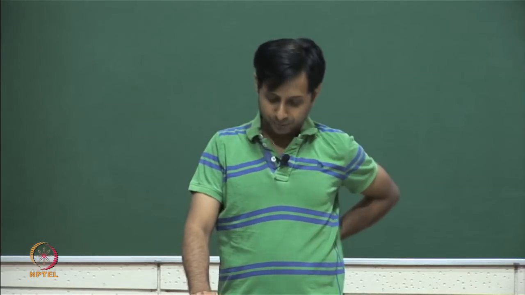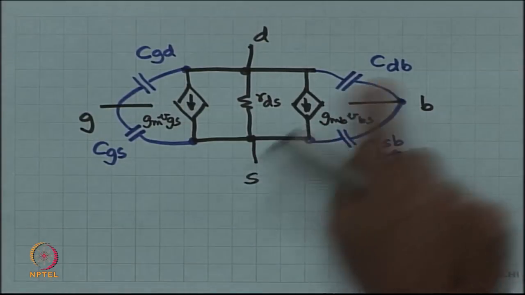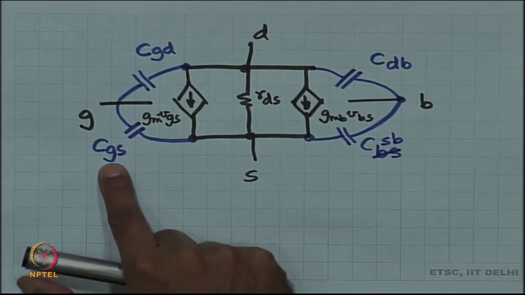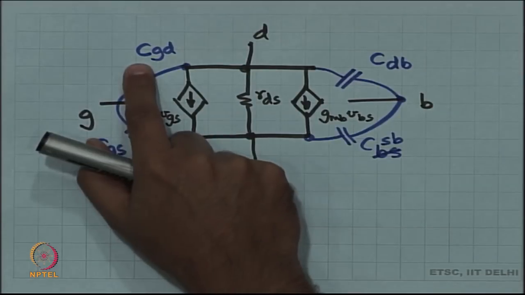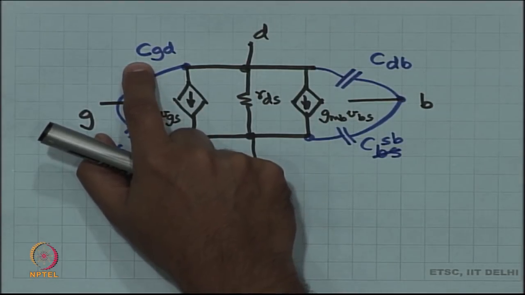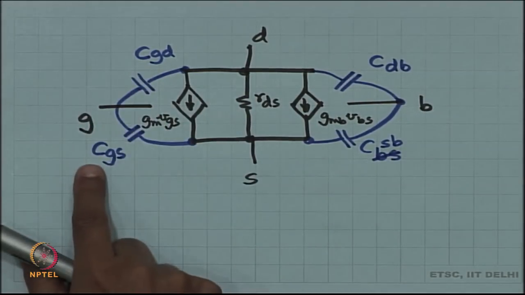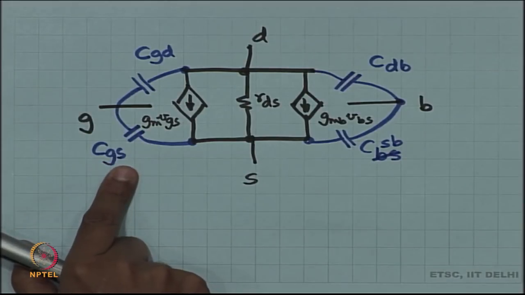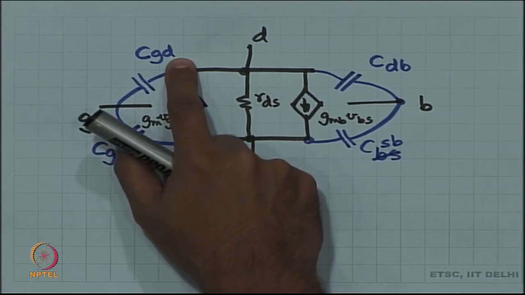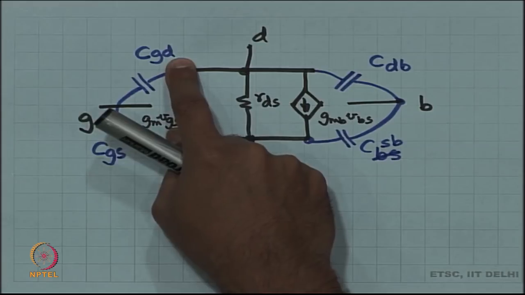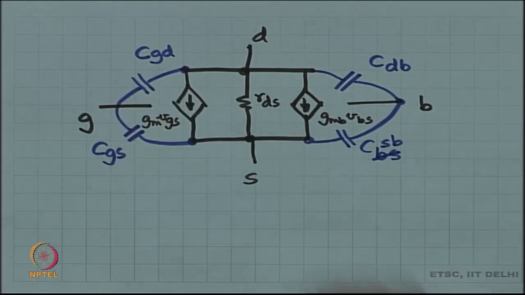So, CSB is going to be more than CDB, and similarly CGS is always going to be more than CGD, right, because the drain is at a higher potential than the source. Okay. So, most of Cox is going to come as part of CGS and not as part of CGD.